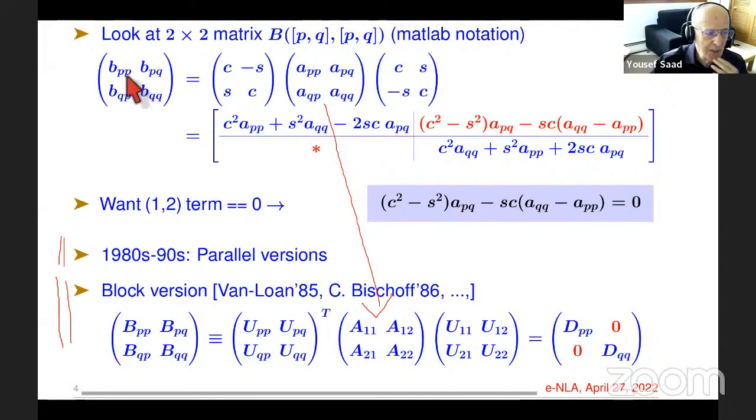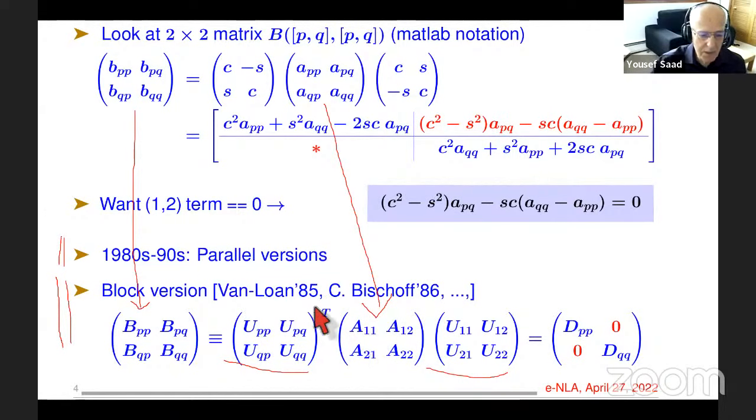This is a 2x2 matrix extracted from the original matrix, and it has now become a 2x2 block matrix. The only thing you do is diagonalize this matrix to get zeros in here, and you apply the transformation. It's very simple. It's actually simpler to describe than this, right?